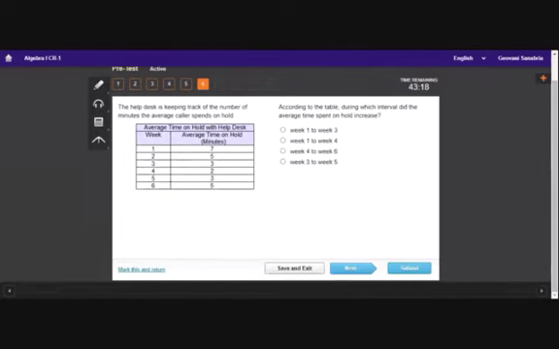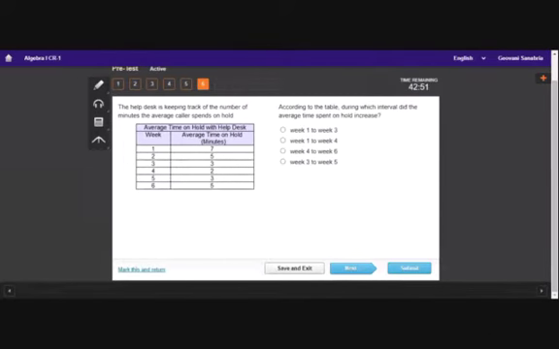The question says, according to the table, during which interval did the average time spent on hold increase? Weeks 1 to 3 is going down, from 7 to 5 to 3. That's decreasing. From 1 to 4 is 7 to 5 to 3 to 2, still decreasing.